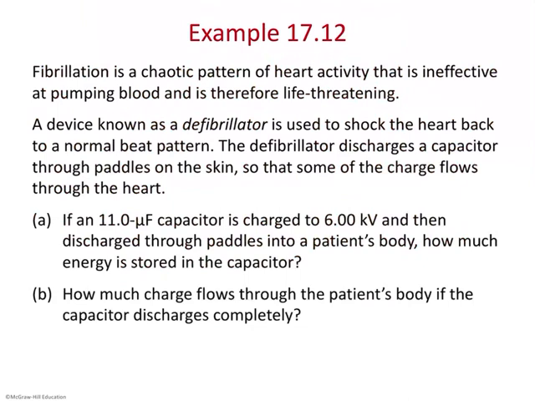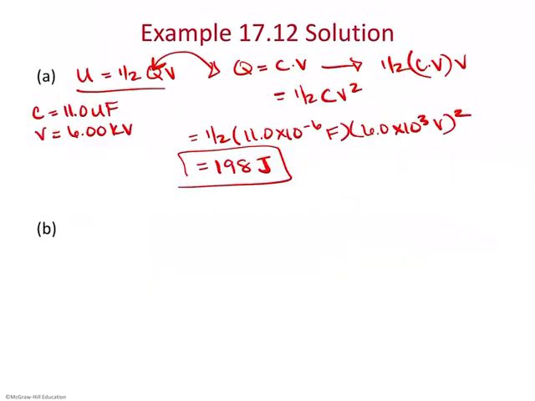Now for part B, it says how much charge flows through the body if the capacitor discharges completely. So now this is just wanting us to find the charge. Okay, so we have both capacitance and voltage in this first one.